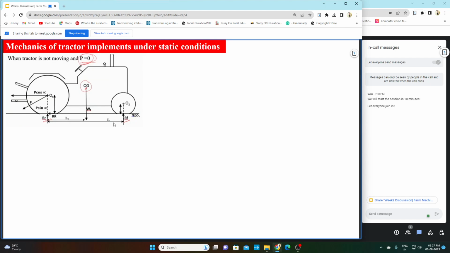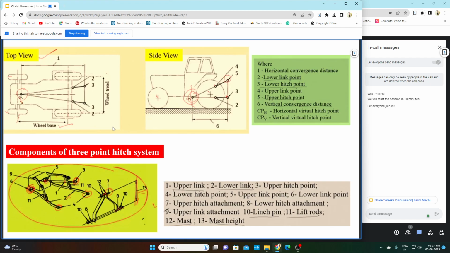Sir, one question on the previous slide. Number 12 is the mast. This whole thing is called the mast. It is connected with the implement, and this part is your tractor.